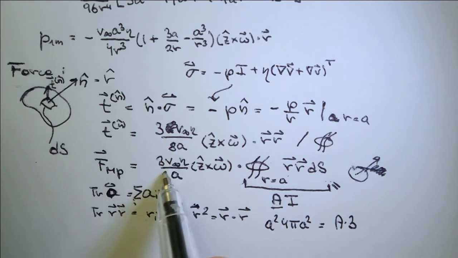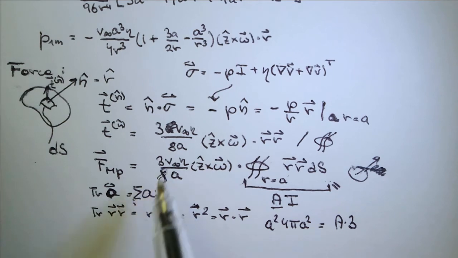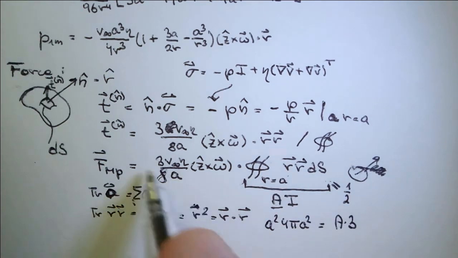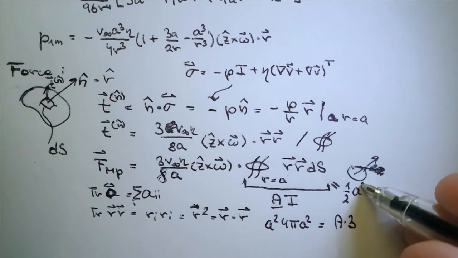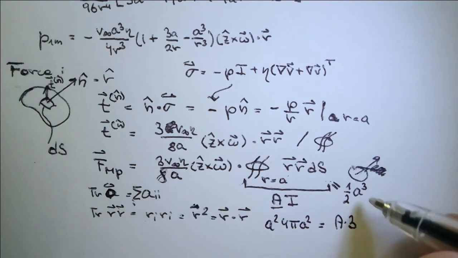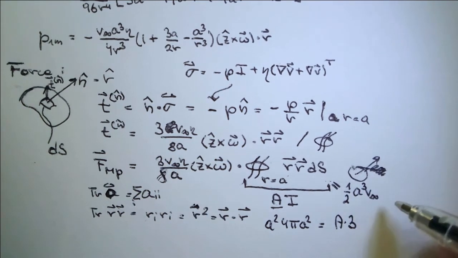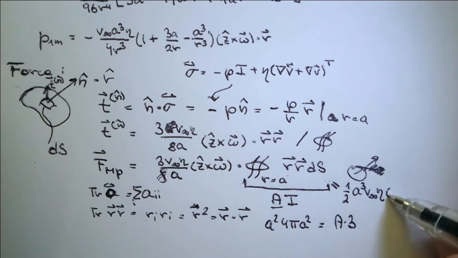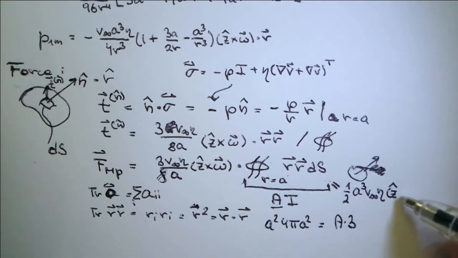I'm sorry, I forgot 8. There is 1/8 times 4, which is 1/2, so it's 1/2 a cubed, because there is a to the 4th power, times V infinity eta, and there is the identity matrix dotted with this vector, so the result is just this vector.